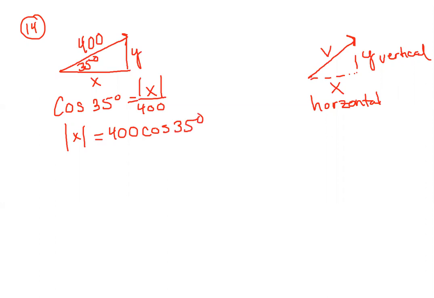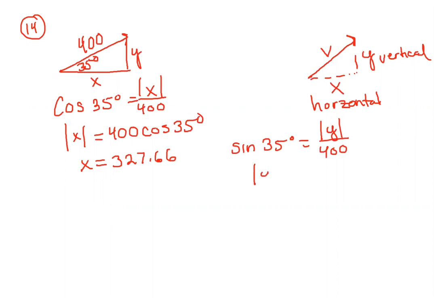And you're just going to put that in your calculator, and you're going to get x equals 327.66. Okay, then to find y, we're going to use sine, and we're going to say sine of 35 equals the absolute value of y over 400, because sine is opposite over hypotenuse.